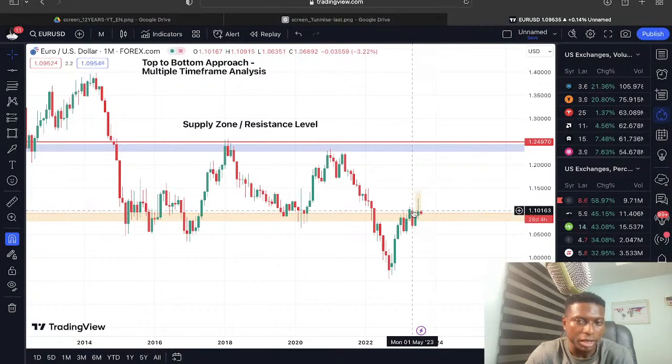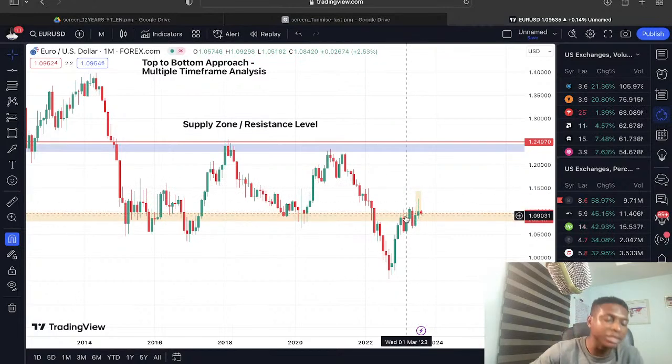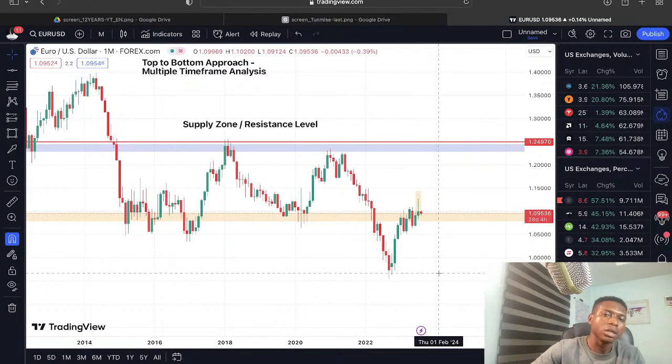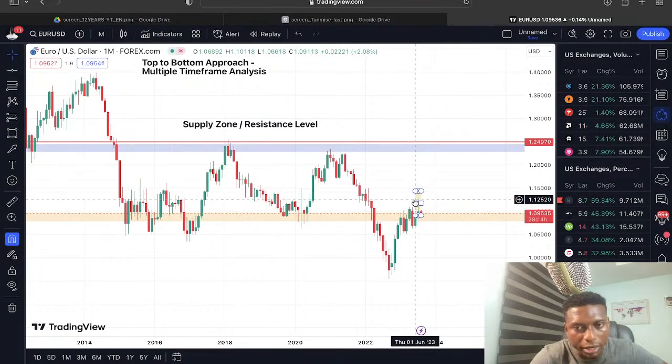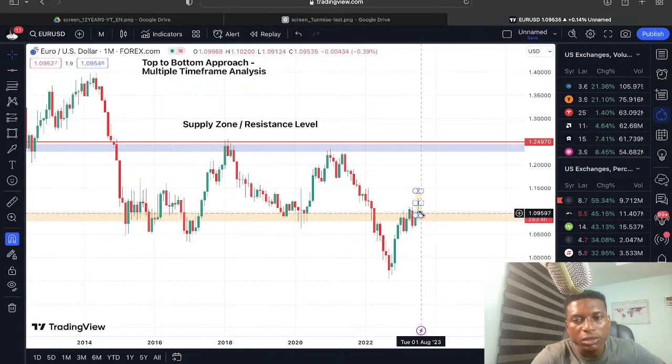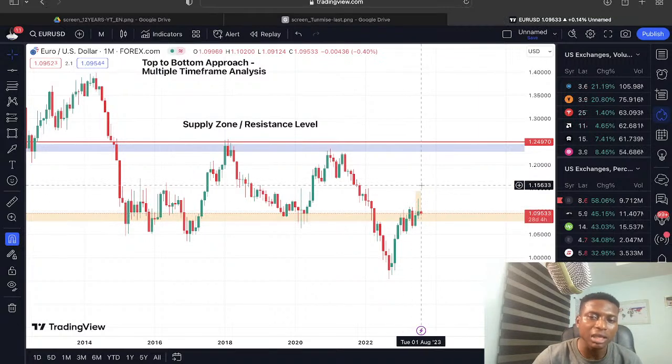Doji are rejection candles that, when they appear at a key level like a support or resistance zone, are very critical. So this is a doji here, which closed for last month's trade.